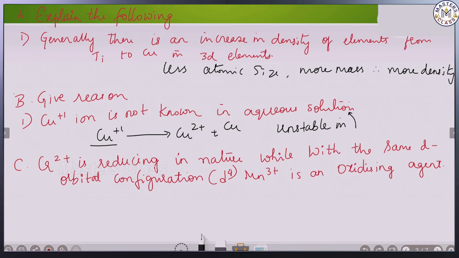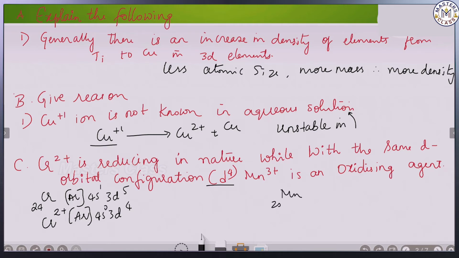Next, Cr2+ is reducing in nature, while with the same d orbital configuration, Mn3+ is an oxidizing agent. Let us first see this d4 configuration. Cr, atomic number 24: argon 4s1 3d5. So Cr2+: argon 4s0 3d4.